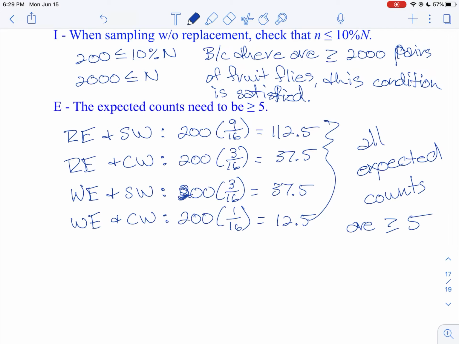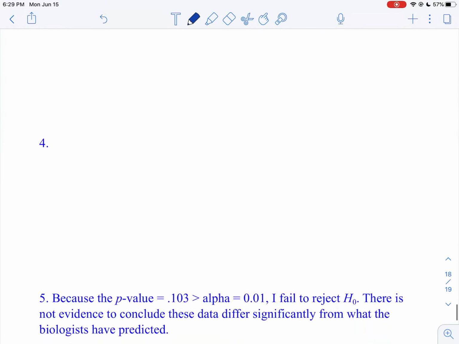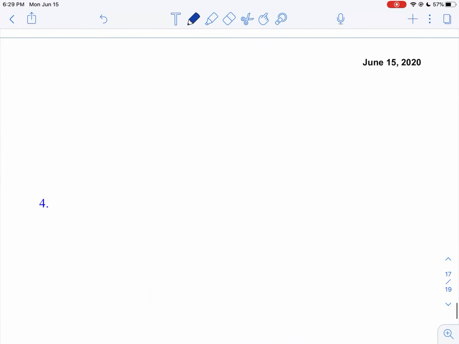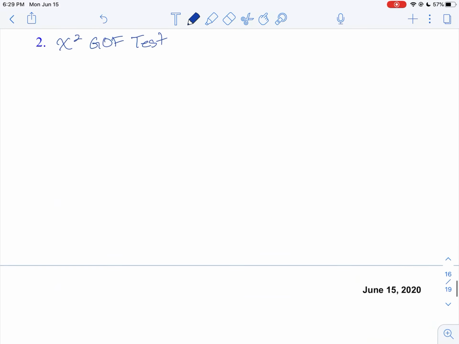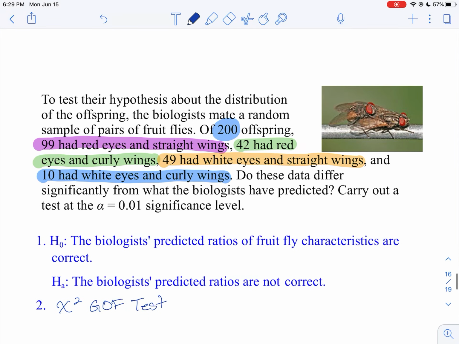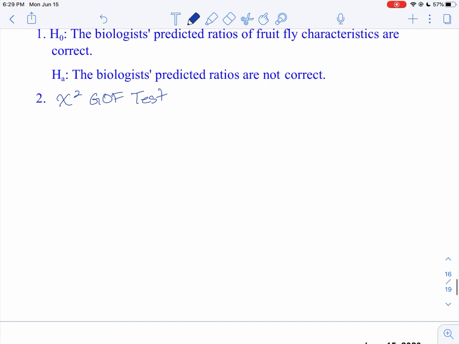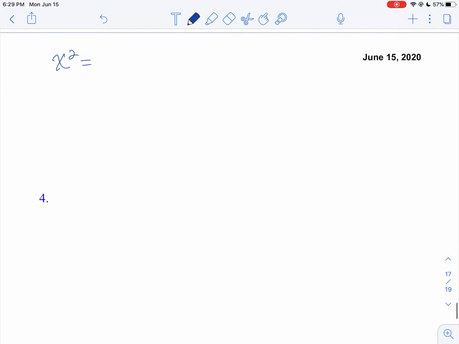Then on to my math, my favorite step. Do the math. Okay, so remember, we can use that ellipsis as a shortcut. So we can say our chi-square is equal to our first observed value was 99, and then our second is 42 and 10.